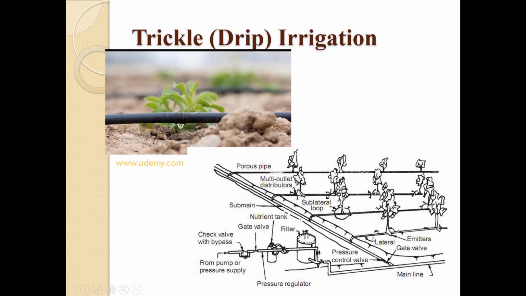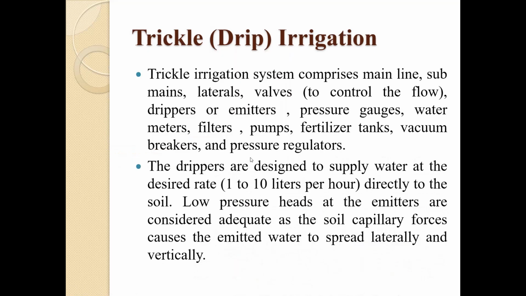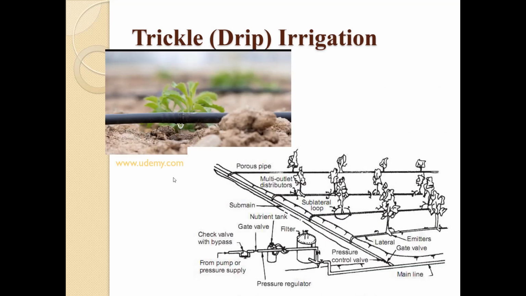So here we are providing water at the root level of the plant, and the remaining work is done by the capillarity of the soil to spread the water laterally and vertically, which is then taken by the plant roots.